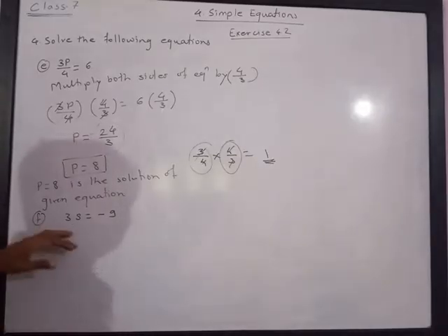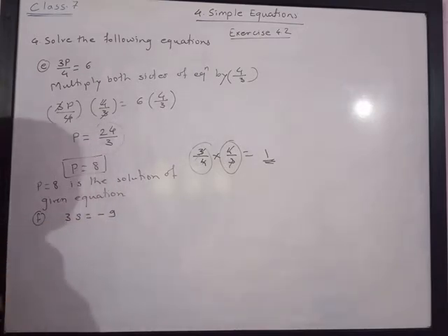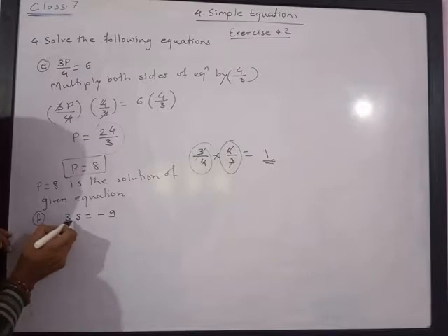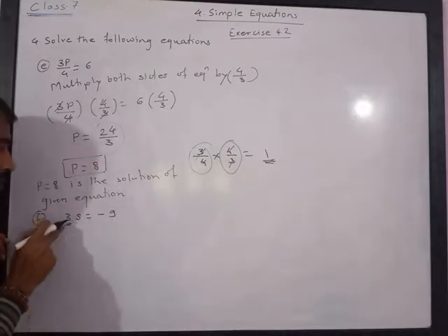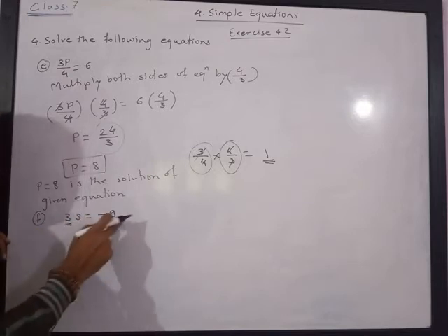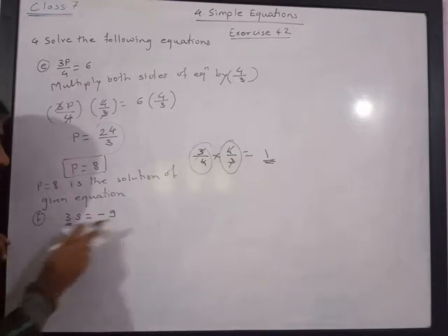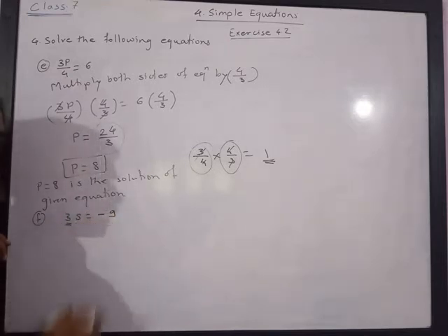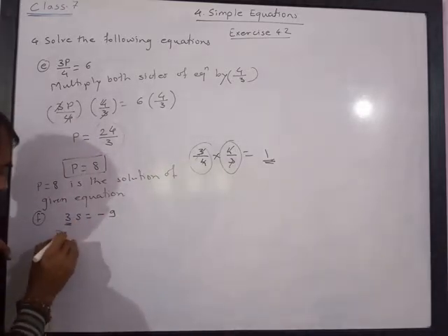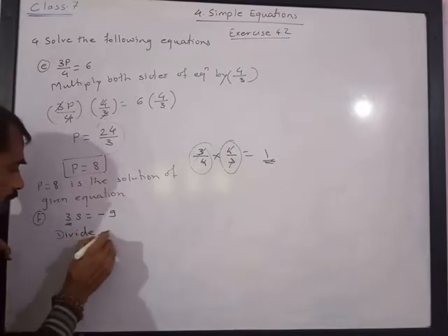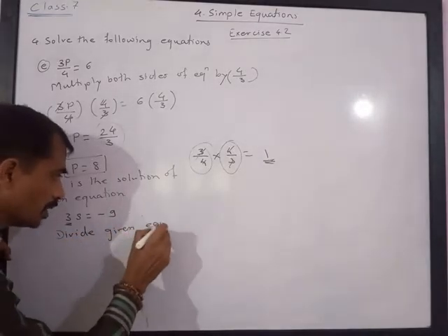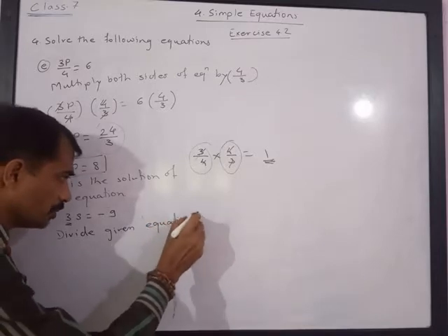Dear friends, the next question is 3s = negative 9. Here 3 is multiplying. To eliminate 3, we have to do the opposite operation, that is, divide both sides by 3. If you do the same mathematical operation on both sides, equality remains equality. So we divide the given equation by 3.